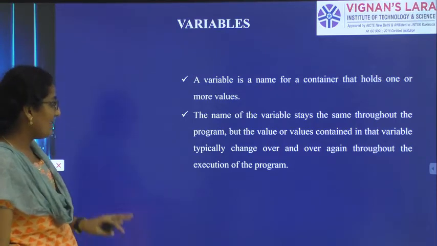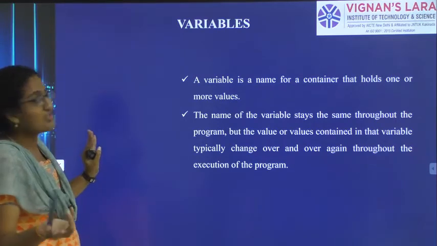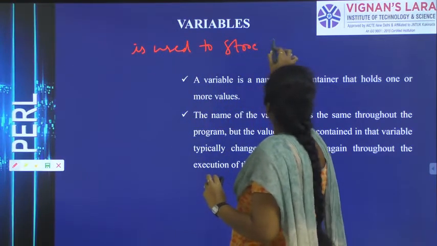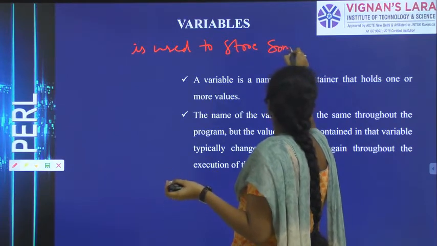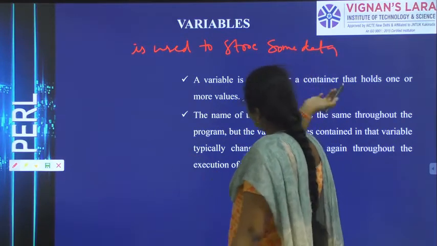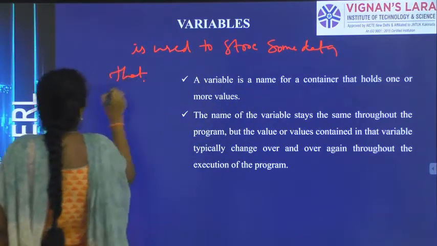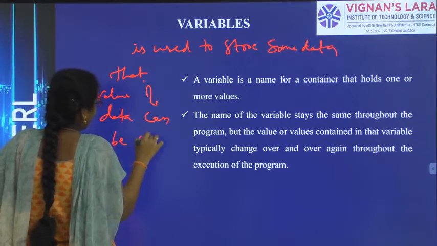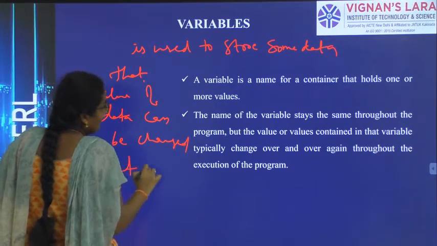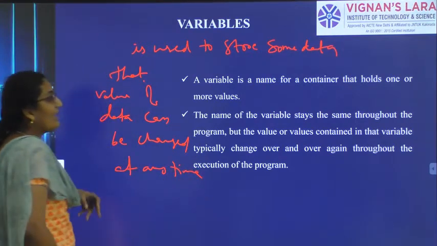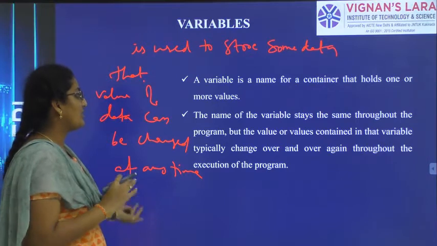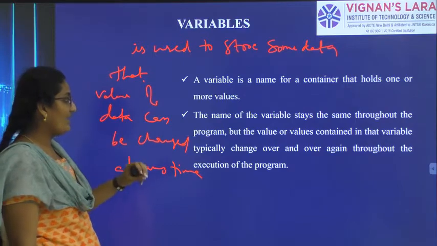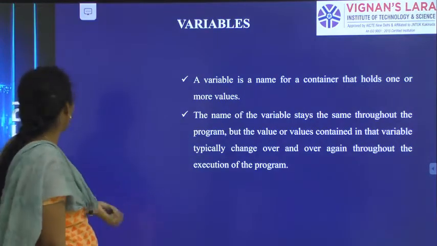A variable is used to store some data, and the value of that data can be changed at any time. A variable is a container in which you can store some value, and that value can be changed from time to time.